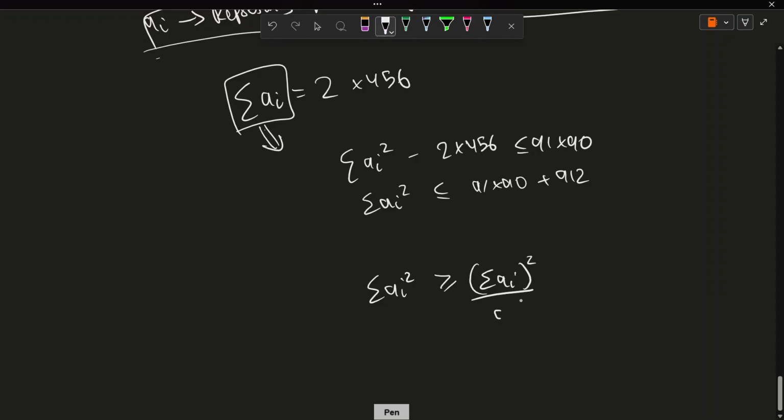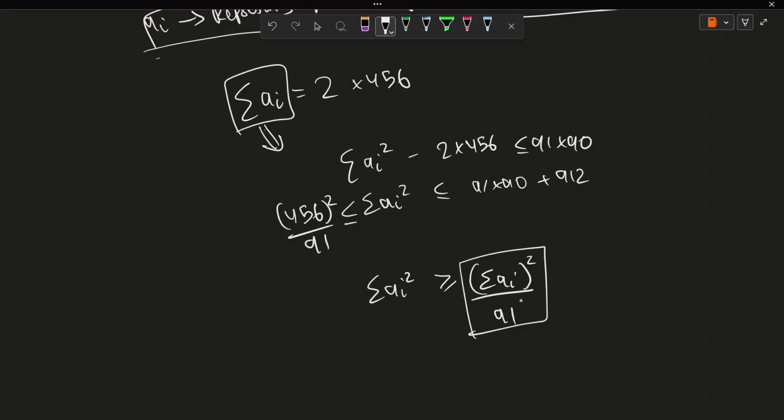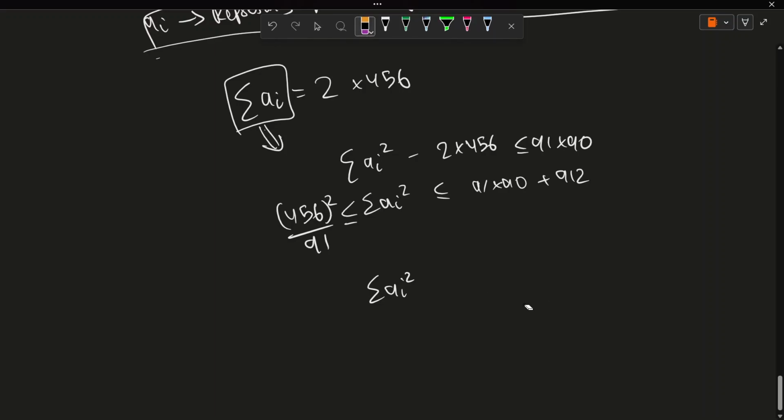Here n is 91. Summation of ai is 456, so summation of ai square is greater than or equal to 456 square by 91.